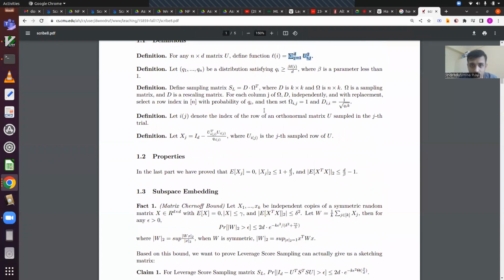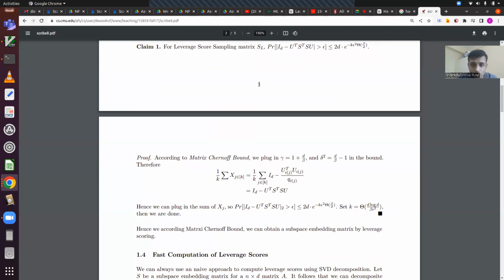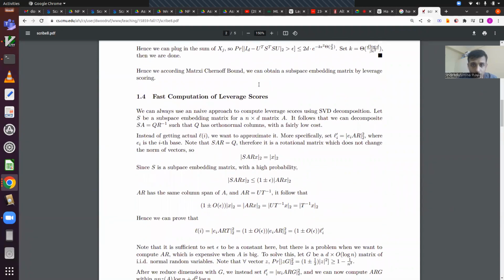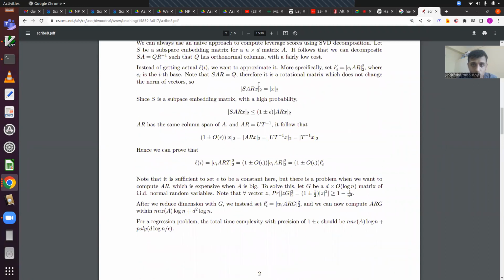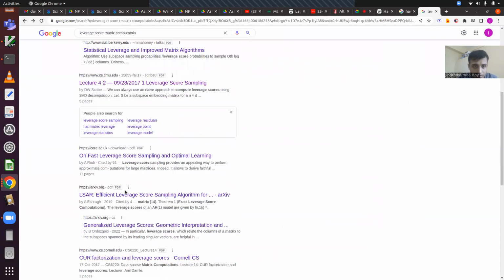What is the leverage score definition? This is after that, it's not giving additional info.